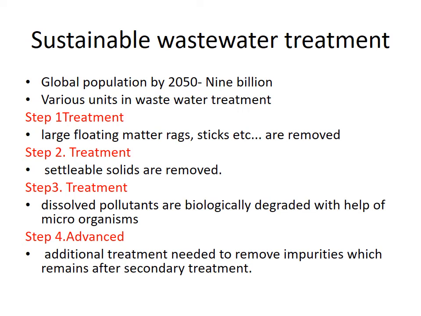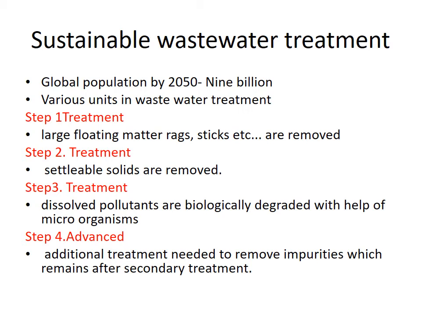Sustainable wastewater treatment. The assumption is that the global population by 2050 will be 9 billion. Various units in the wastewater treatment. Step 1, preliminary treatment: large floating matter, rags, sticks, etc. are removed. Step 2, settleable solids are removed.